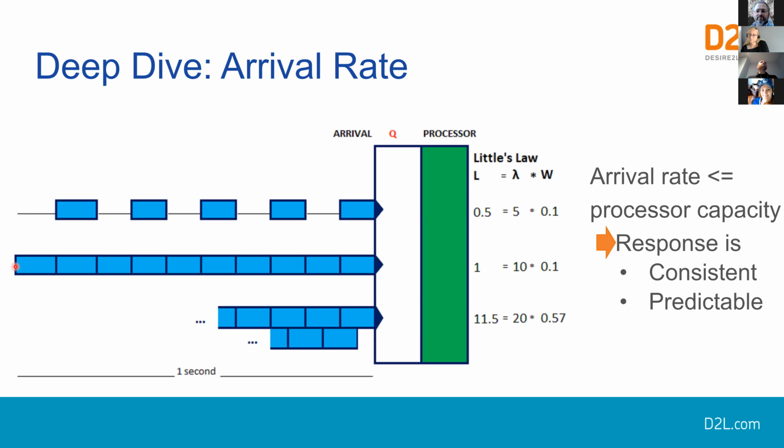Scenario number 2 exemplifies when the system utilization is at par. The arrival rate increases to 10 requests per second. Little's law tells us that the average number of requests in the node is 1. We have on average 1 request in the node at any given time.